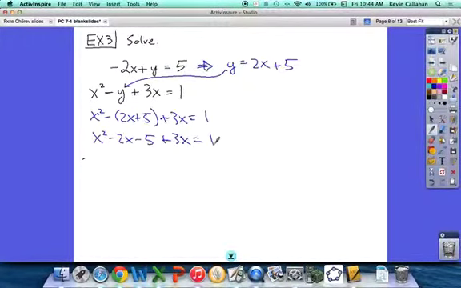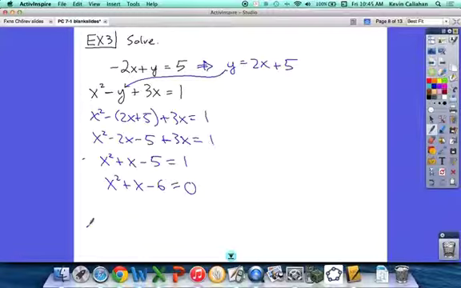Combine like terms on the same side. We've got x squared plus x minus 5 equals 1. Subtract 1 from both sides. x squared plus x minus 6 equals 0. So it's a quadratic in standard form, equals 0.